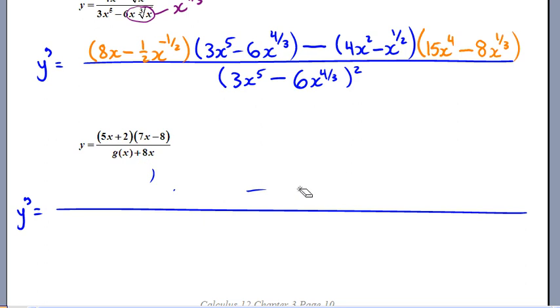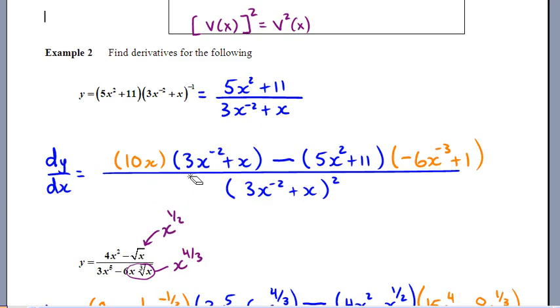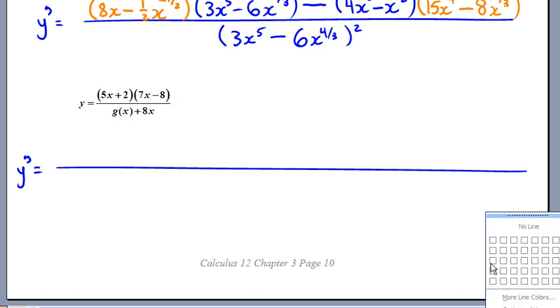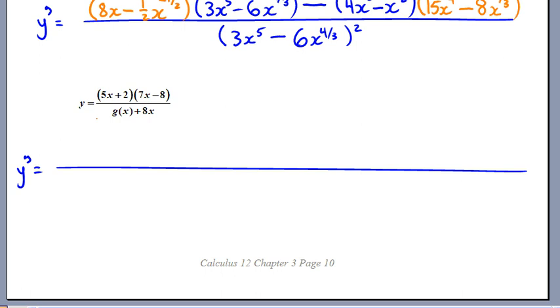Okay, first thing, derivative of the top. Here we go. Oh, that's going to be a product rule. So I'm going to have, as I do my product rule, the derivative of 5x plus 2. Well, the derivative of that linear term is just a 5, and the derivative of 2 is 0. Okay, there, I did the derivative of that one.